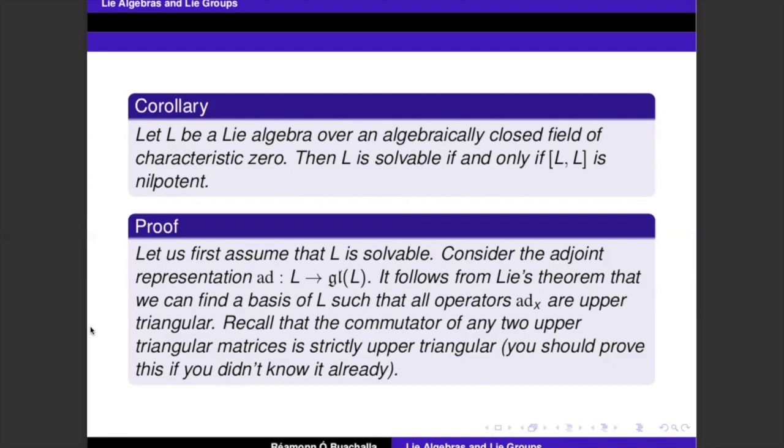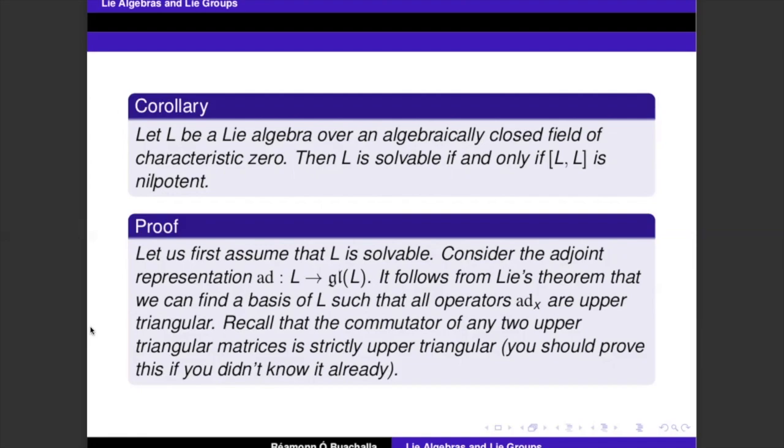So consider the adjoint representation. Remember this, we were using the Lie bracket of L to actually represent L on itself. Now, it follows from Lie's theorem that we can find a basis of L such that all operators are upper triangular, because this adjoint representation is an honest representation.